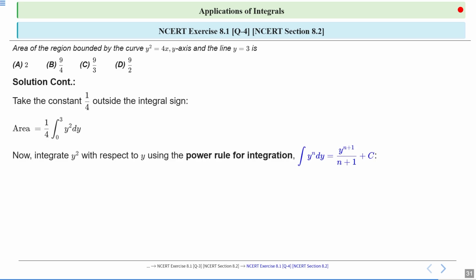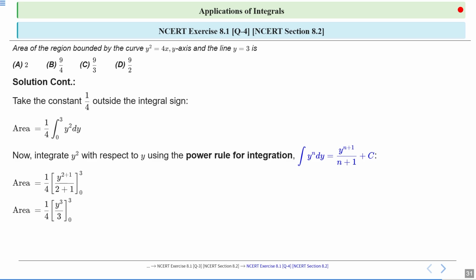To integrate y square with respect to y, we use the power rule of integration, that is, the integration of y to the power n dy is y to the power n plus 1 by n plus 1 plus constant of integration. So area is equal to 1 by 4 times y to the power 2 plus 1 by 2 plus 1, with upper limit 3 and lower limit 0. That is 1 by 4 times y cube by 3, with upper limit 3 and lower limit 0.